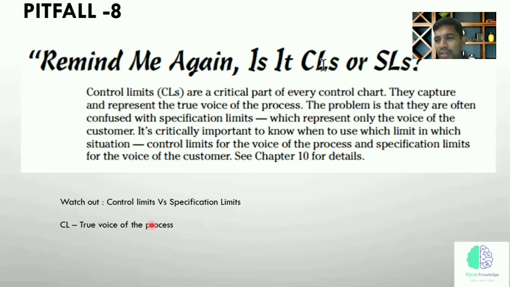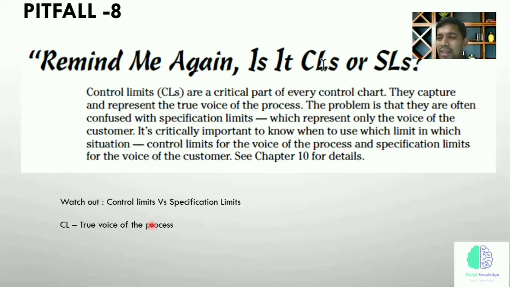Whether we talk about the IMR chart, X-bar chart, C chart, U chart, NP chart or P chart, all of these depict the control limits. So we need to be careful that the control chart gives the true voice of the process.